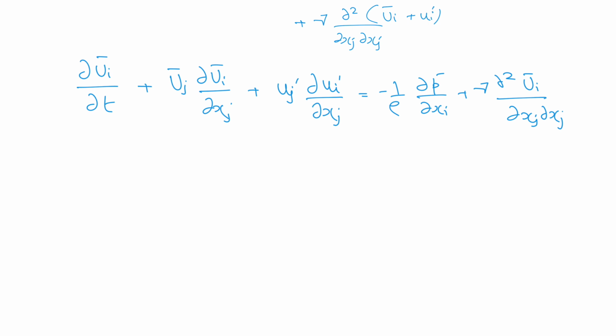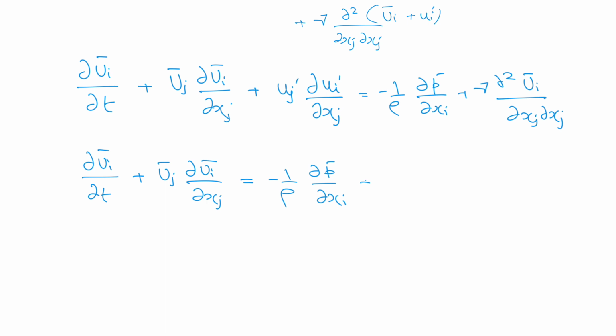It becomes ∂ūi/∂t plus ūj ∂ūi/∂xj equals minus 1 by rho ∂p̄/∂xi plus nu ∂²ūi/∂xj∂xj minus ∂(ui'uj')/∂xj.